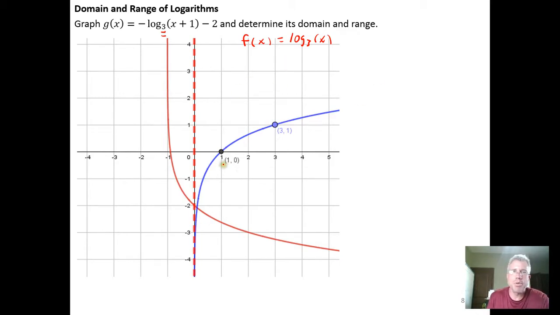And again, this input 1, output 0 is on every single logarithmic function that is a toolbox function. Every function of the form log base b of x has the point (1, 0) on it.